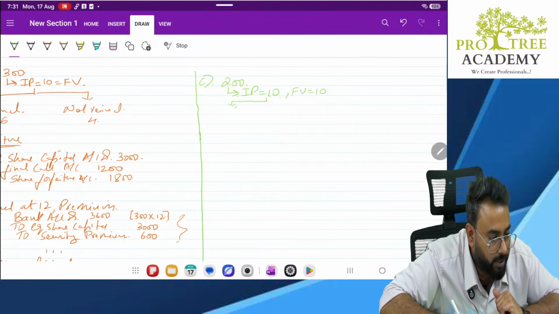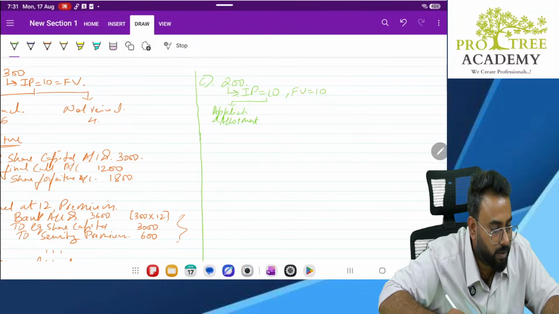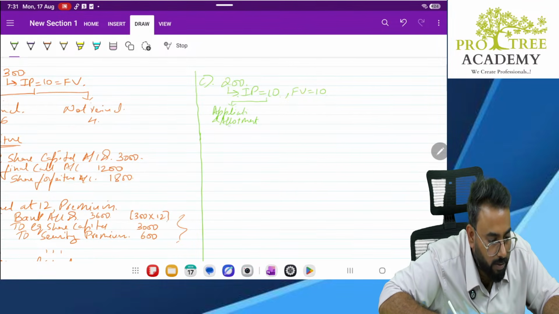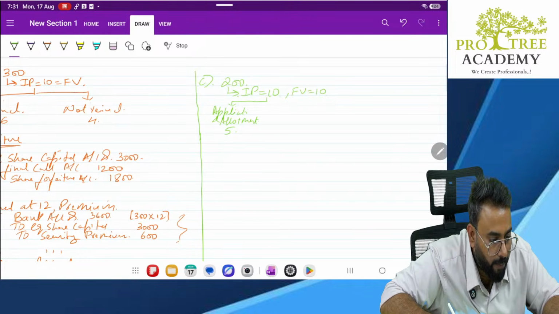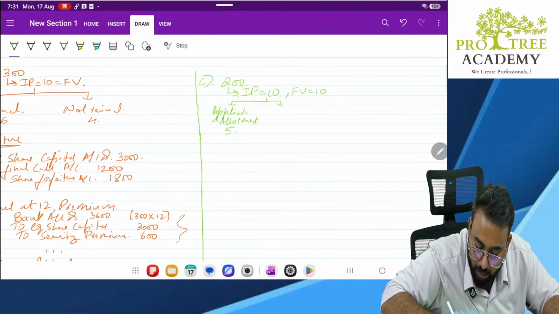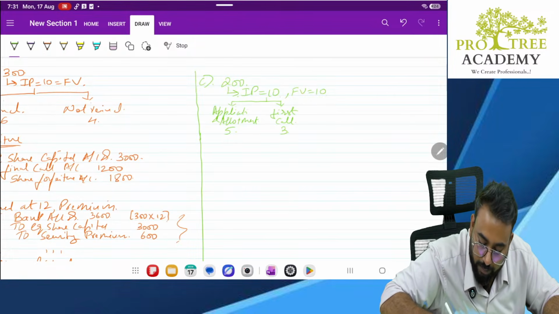This issue price is split: application and allotment 5 rupees, first call 3, and 2.